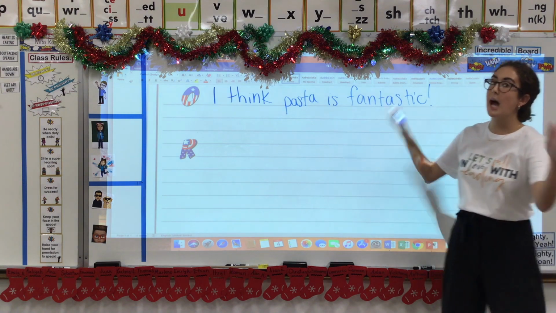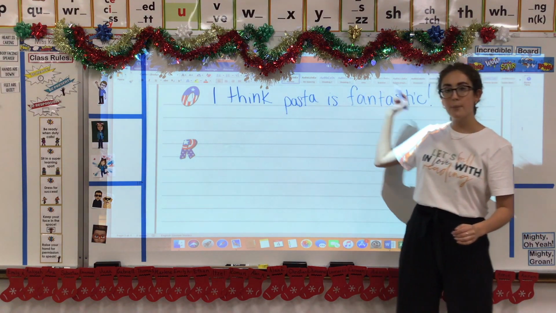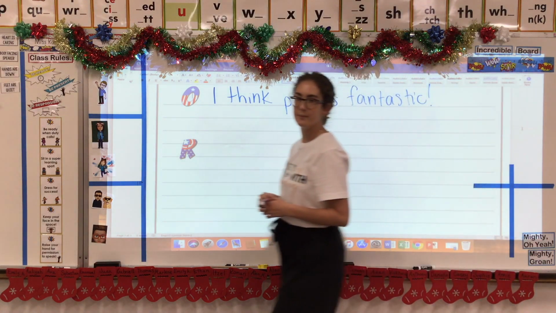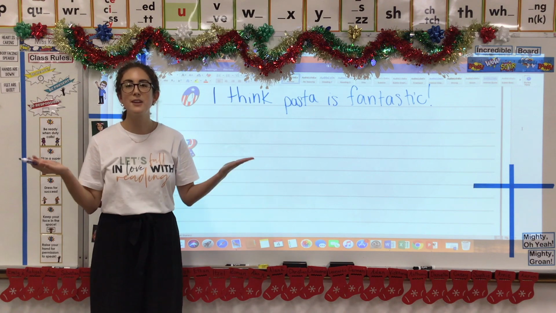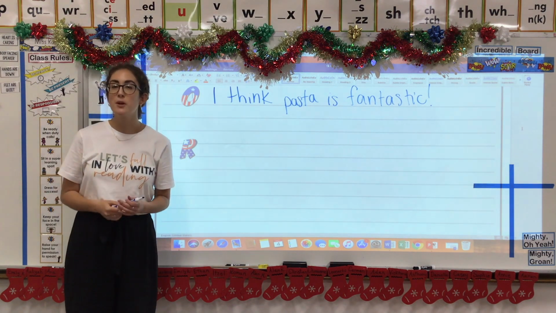Exclamation point, because I really, really think this. So here is my opinion. I have my topic and what I think about it. That's all we need to do for this first sentence and this first building block where we're just stating our opinion.